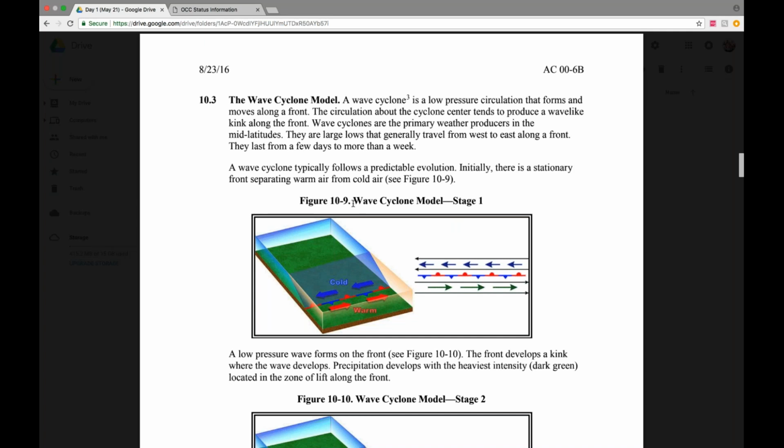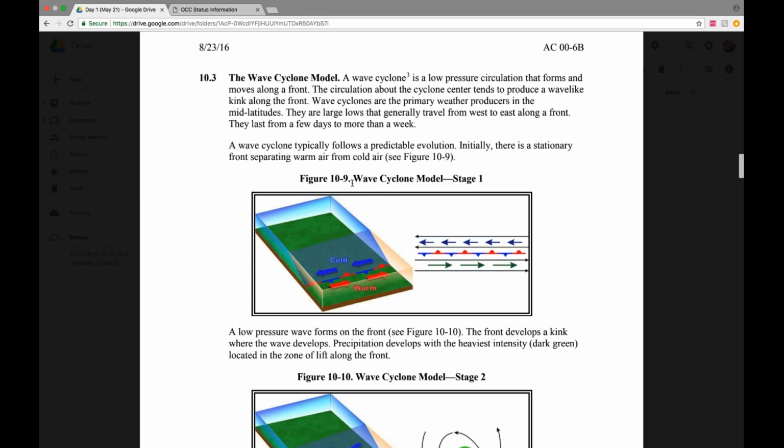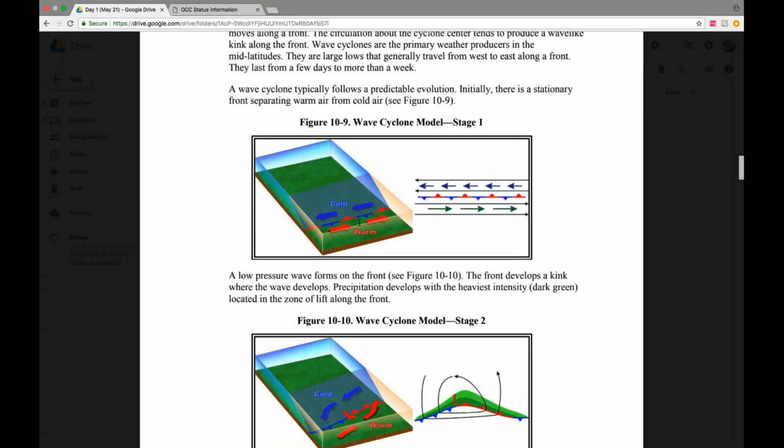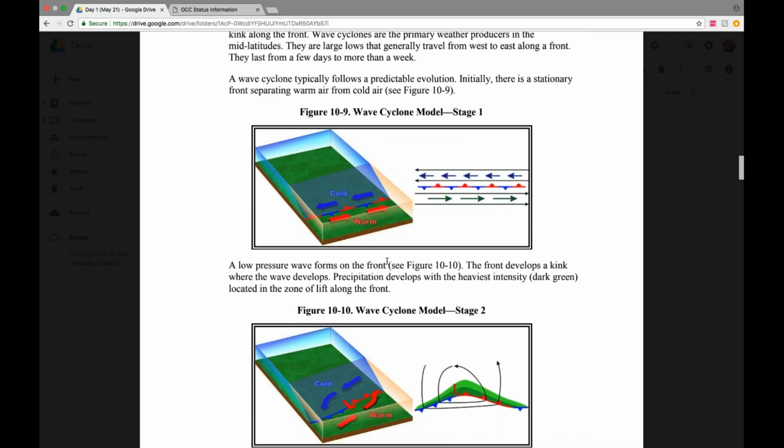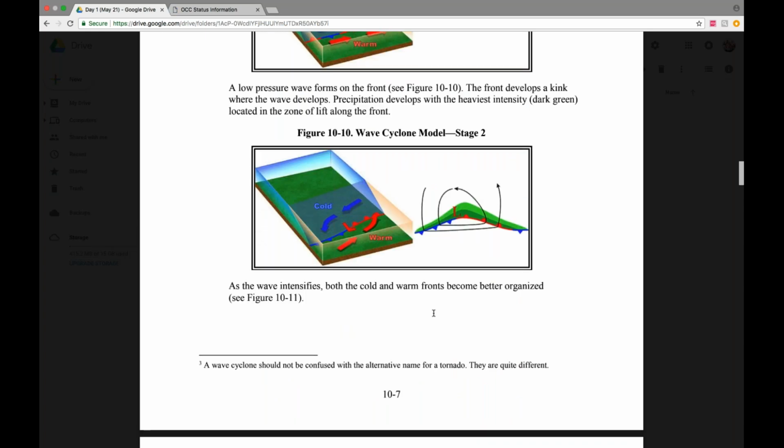So what we have happen is when the low pressure wave forms, so you have these two fronts converging, creating a stationary front. As the low pressure wave forms, you'll see it start building right here. We start to see rotation occur.